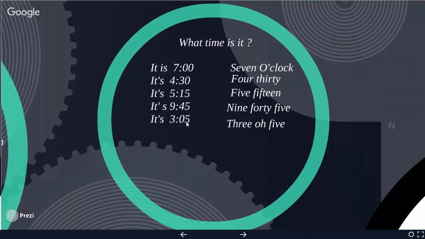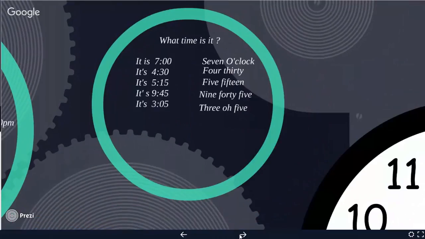It's 3:05. In this case, the zero has a name, O. When you find the zero before the number, your pronunciation is with O. 3:05, 3:04, 3:03, 3:02, 3:01, 3:06. Yes, O.